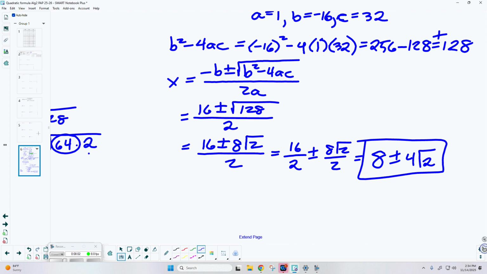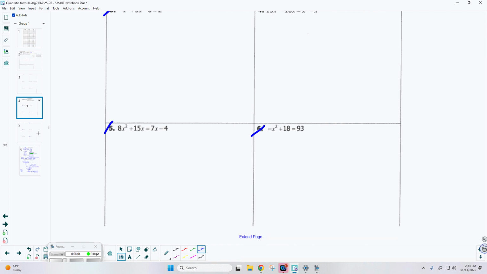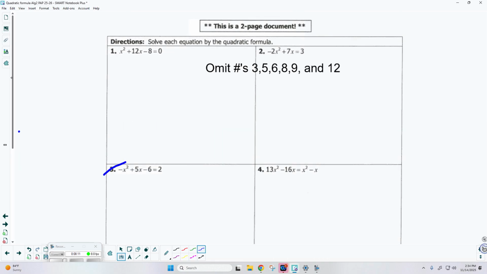Okay. So let me see here. Let's go back. So this is the quadratic formula. Remember, there were certain problems that we said not to worry about. We are currently learning about imaginary numbers, but were there any problems from the quadratic formula assignment we would like to take a look at?